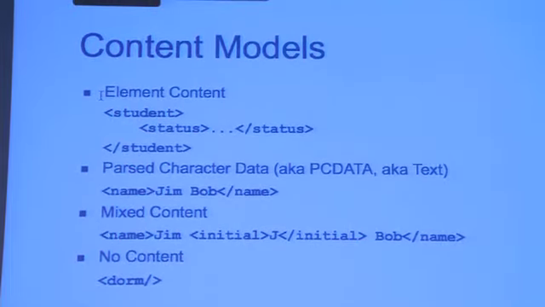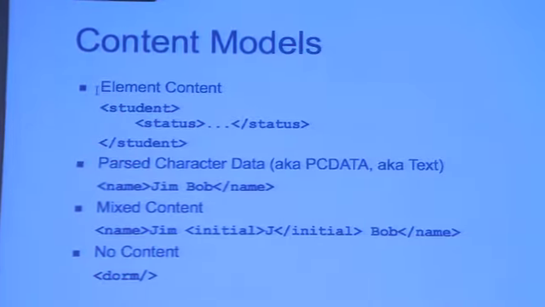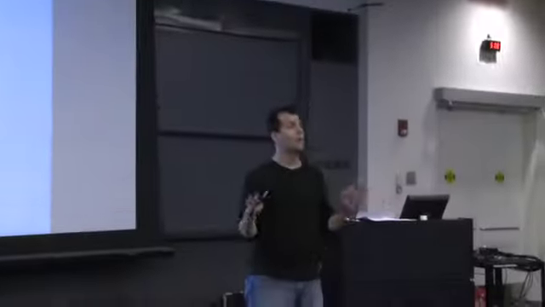How about mixed content? This is kind of a weird example that you should not do in practice, but it does convey the idea. You have a name element, and then you have Jim Bob, but Jim Bob this time has an initial, and we wanted to semantically tag his middle name for some reason, but not his first or last name. So again, bad design, but it does hint at how you can technically commingle PCDATA with elements. So this is a mixed content model because you don't just have text, you don't just have an element, you have both intermingled.